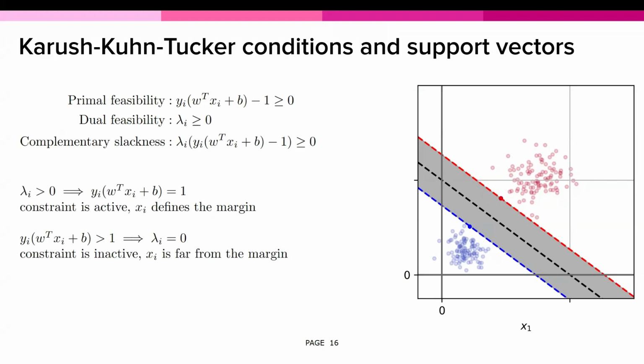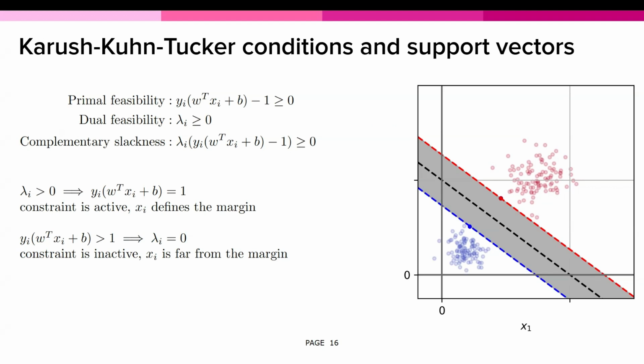So there are some insights we can glean even before we've solved the problem, particularly regarding the Karush-Kuhn-Tucker conditions. These provide the criteria for optimality in the maximum margin classification problem. Basically, these conditions ensure that we found the best possible solution to our constrained optimization problem.